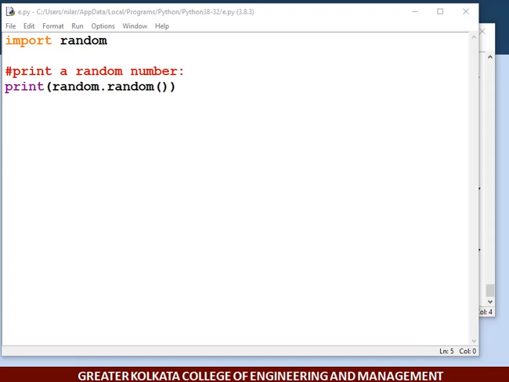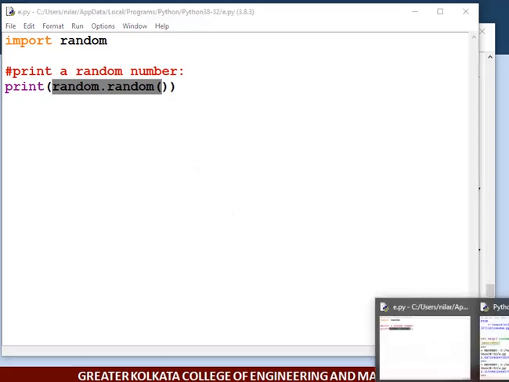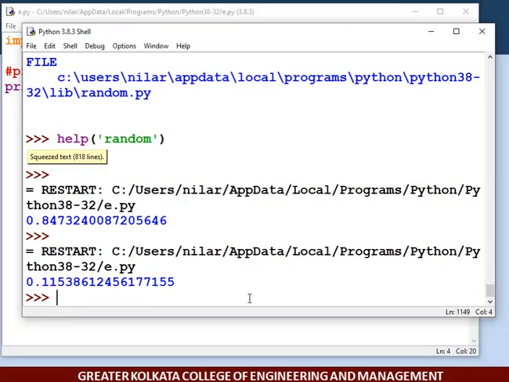So what is the use of this random function? Now see why this is used.